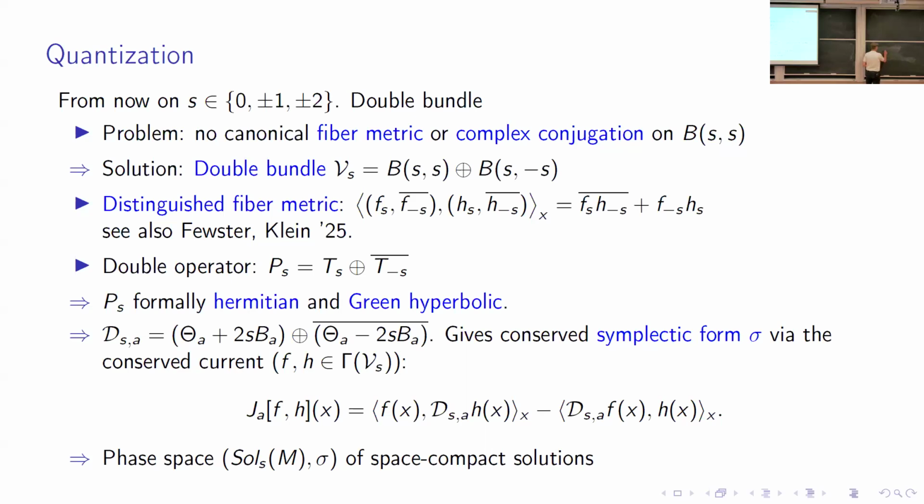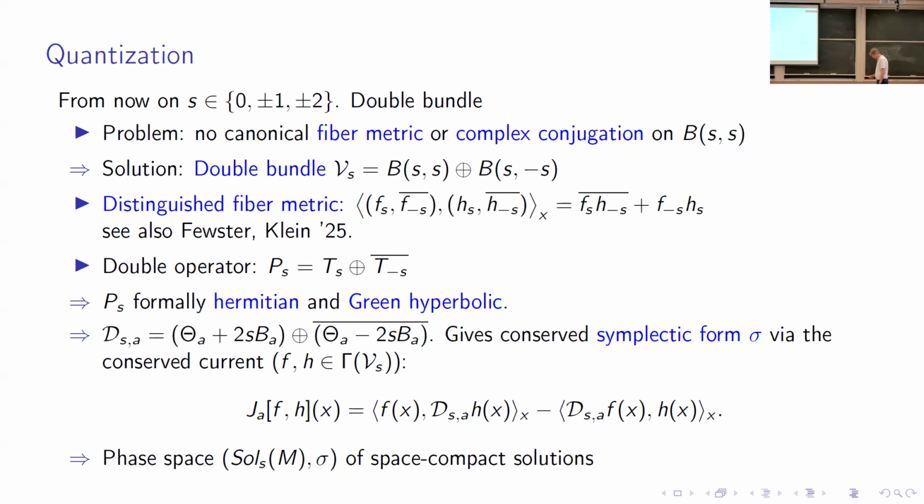In any case, you just can't fix a tetrad and work with it. You have to keep some flexibility of a tetrad. And then we have a problem that there's no natural fiber metric or even complex conjugation. If you take complex conjugation, then you just go to another bundle.